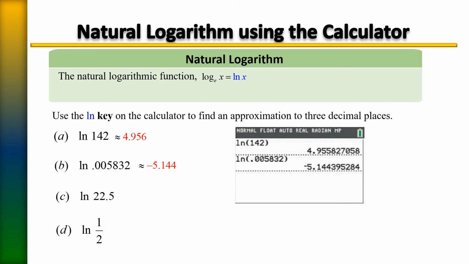And doing the second one, the decimal 0.005832 is going to give you a negative number, because again, recall, anytime you have the common or natural log of a number between 0 and 1, that is going to be a negative output. Go ahead and finish, do the natural log of 22.5 and then do the natural log of 1/2.